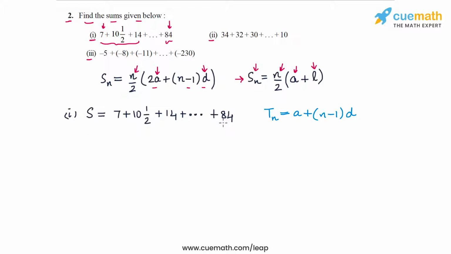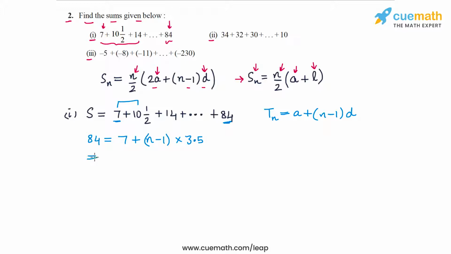Here 84 is the last term and we have to find its position, because that will give us the number of terms in the progression. 84 is the last term, 7 is the first term, and the common difference is the difference between any pair of consecutive terms, so that's 3.5. We write 84, which is the nth term, is equal to a, the first term, plus n minus 1 times d, and d is 3.5.